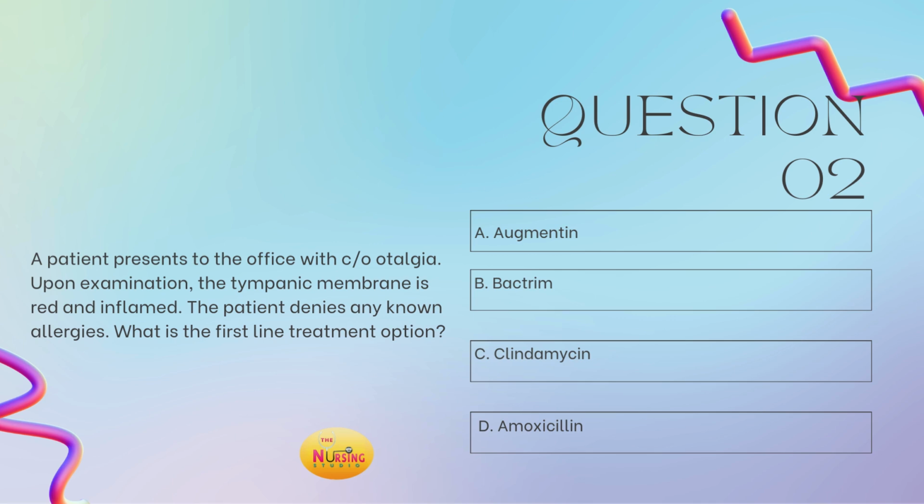So the first line treatment option for this would be D, amoxicillin. Remember, Brittany's Brilliance, I tell you guys to think of the A's. A for acute otitis media, A for first line therapy of amoxicillin, A for second line therapy of augmentin, and then in the event that you have utilized those two, or if you have a penicillin allergy, A for azithromycin, okay?